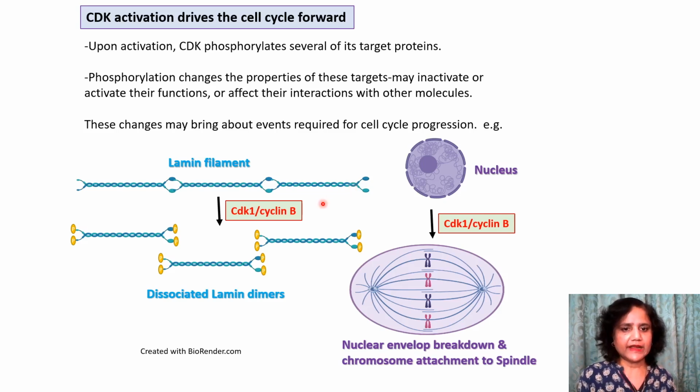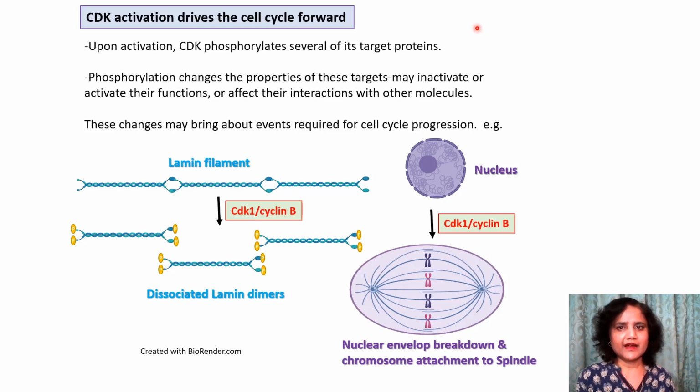Now, phosphorylation by the CDK1 cyclin B complex dissociates these filaments into dimers of lamin, and therefore it breaks that network present in the nuclear lamina. So the nuclear lamina disintegrates.